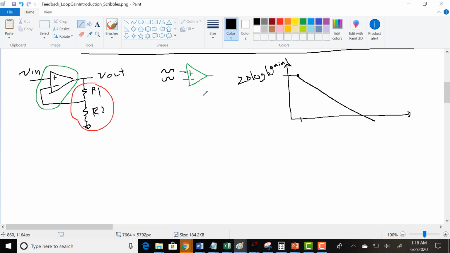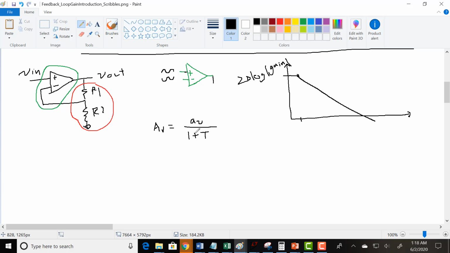What happens when you hook it up with feedback? If you remember, the total gain of your op-amp with feedback is whatever the gain of your op-amp is over 1 plus AVF, which is just the loop gain.